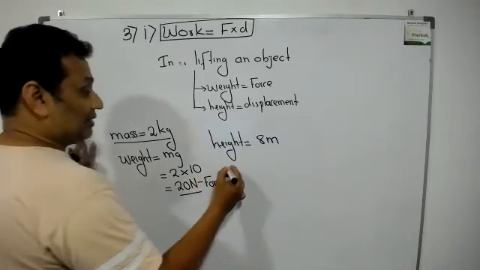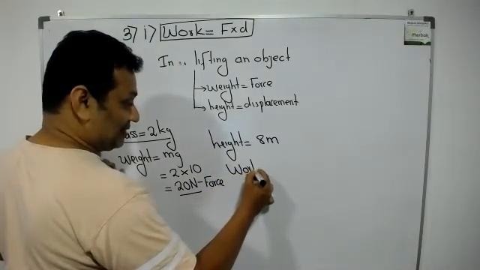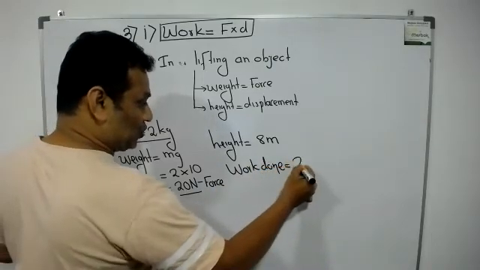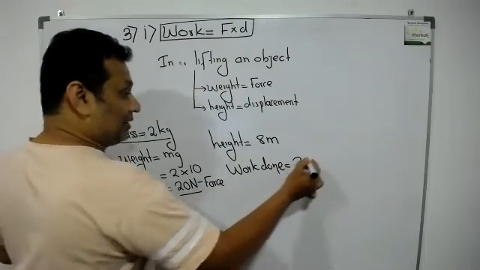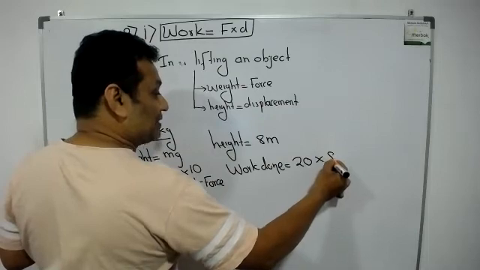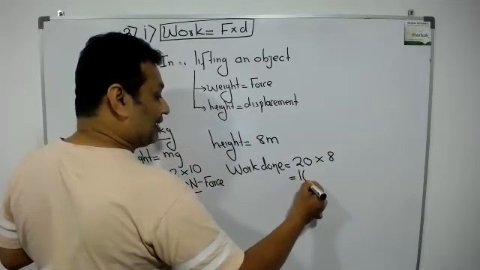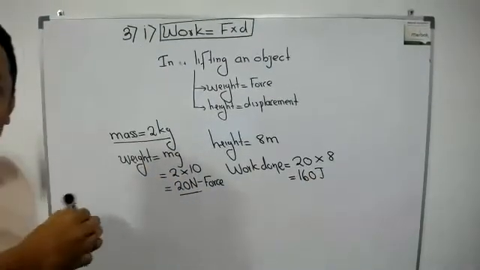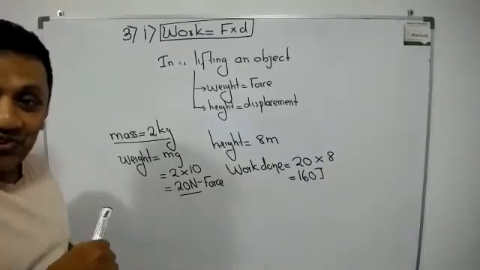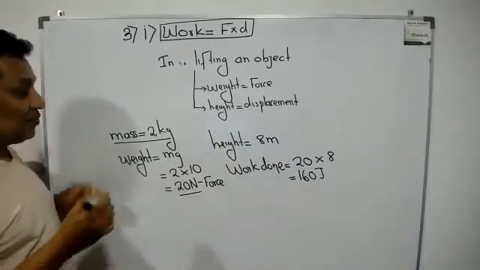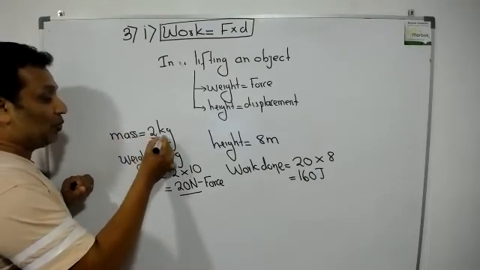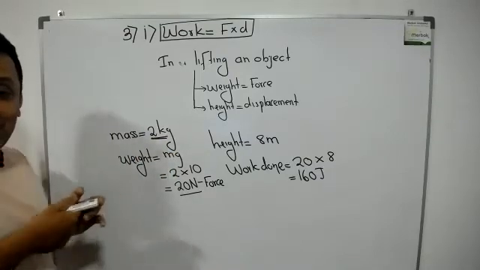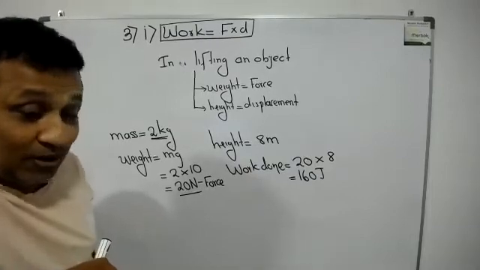So, the work done is force 20 multiplied by displacement 8, 160 joules. How many of you got this answer? First question answer. Some of you have used 2 kilogram into 8 and got 16. But you say that you are very clever.